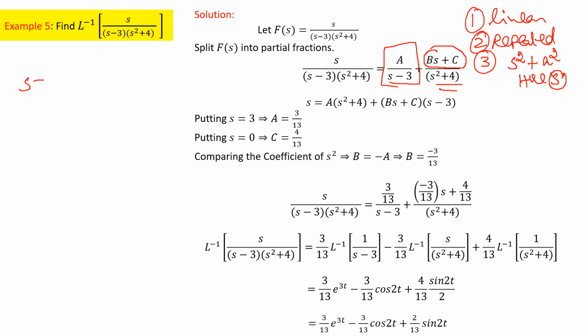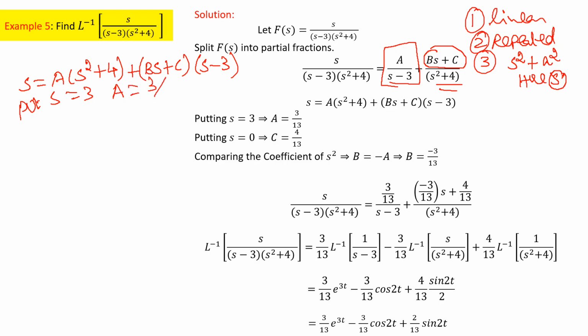So I have s equal to A times (s power 2 plus 4) plus (bs plus c) times (s minus 3). By putting s equal to 3, we will get A equal to 3 by 13. By putting s equal to 0, we will get c equal to 4 by 13.